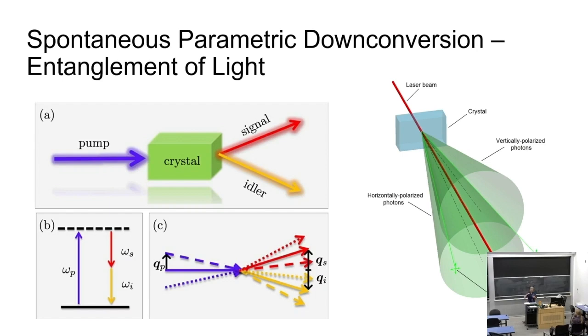And like I said, the two photons are always symmetrically located on the sides of the cones because of that need to conserve momentum.